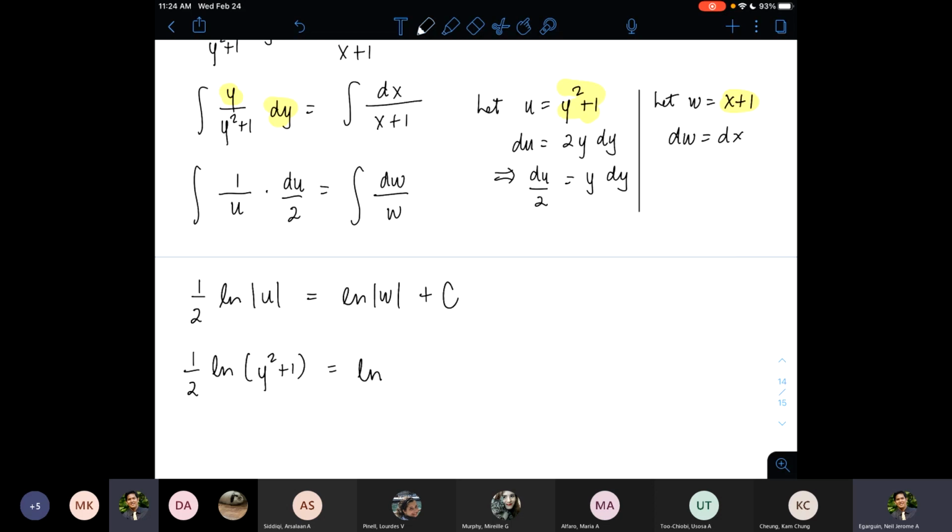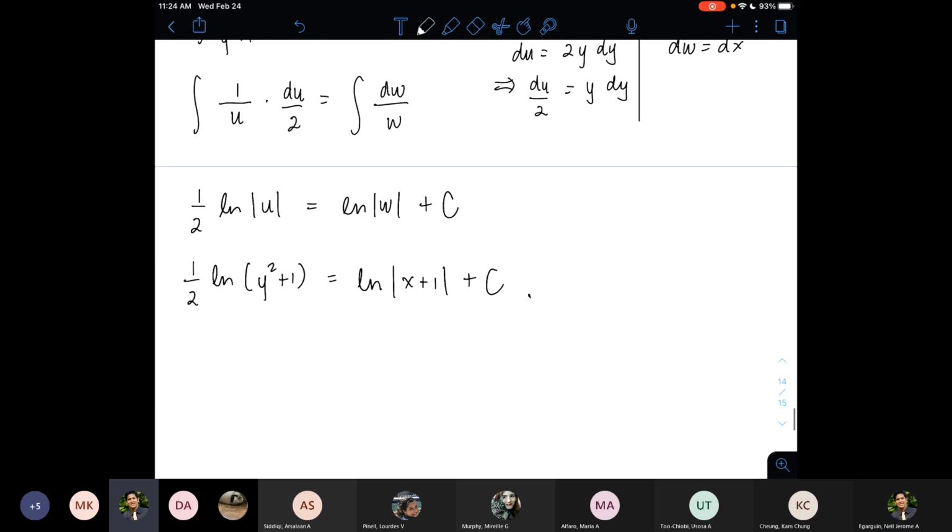So it is important that you leave the absolute value symbol for x plus 1, because x plus 1 can be negative. And remember that natural logs are only defined for positive arguments. I guess this would be the preferred form for your solution.